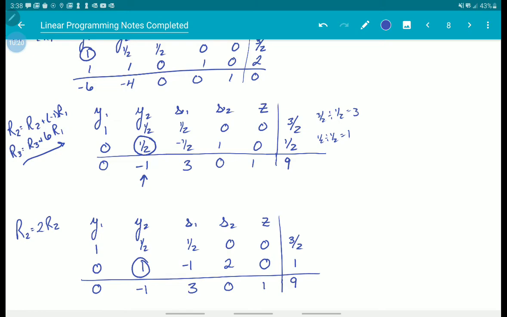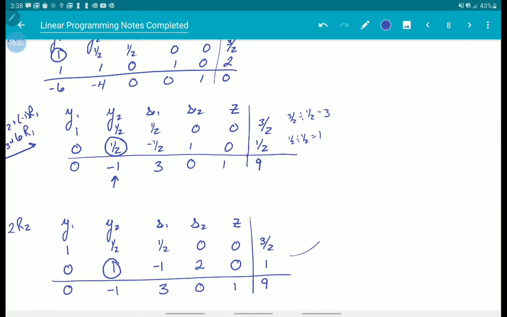Remember, we're pivoting here. So I'm going to come up here to do this. We're going to replace row 1 with row 1 plus negative 1/2 times row 2. And then row 3 is going to be row 3 plus row 2.